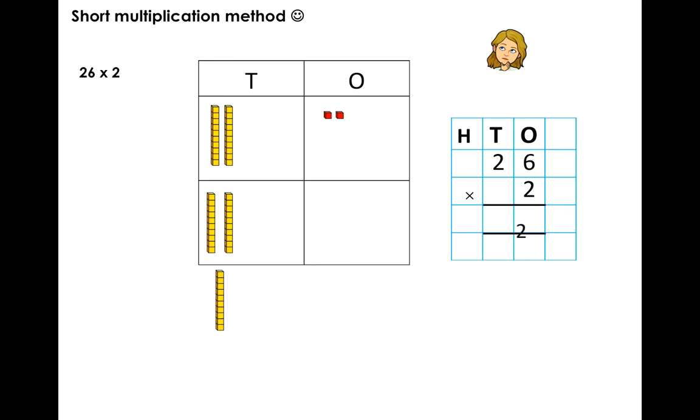And we show that on our calculation with 2 1s in the 1s column and a 1 underneath the 10s because it symbolises 1 10. Then we multiply the 10s by the 1s, so we do 2 10s times 2, which gives us 4 10s, doesn't it? And then we add on the extra 10 to get 5 10s. We must always remember to add on that extra 10.